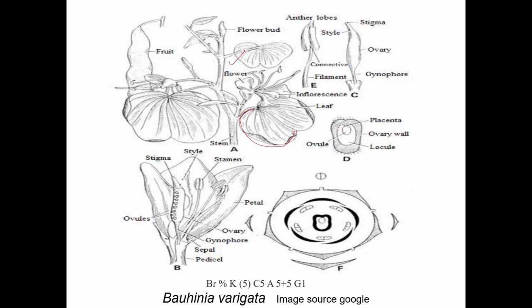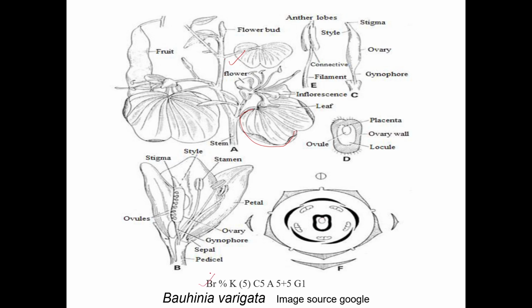So if you see the floral diagram, the flower is bracteate and the calyx is 5, they are gamosepalous. Corolla is 5, you can see they are showing imbricate aestivation, androecium number is also 5, and they have a monocarpellary ovary with marginal placentation with single locule.